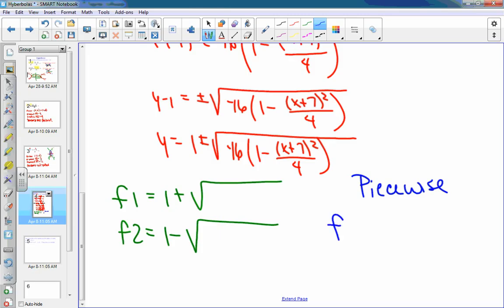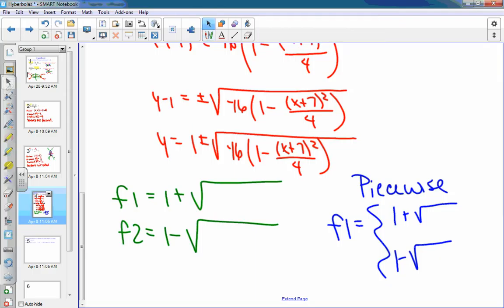And a piecewise function is whenever you do the bracket, you with me? And you would have the first part right here, and then the second part right here. Does everybody see that, yes or no? Okay? Now, I'm going to show you how to graph these so that you can physically see what the hyperbola looks like.